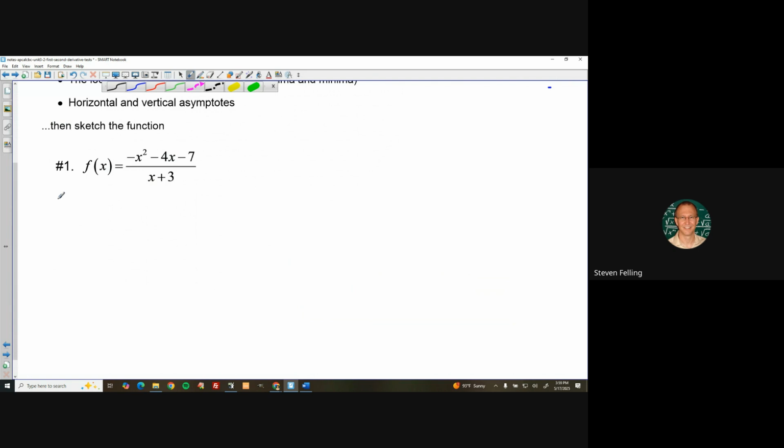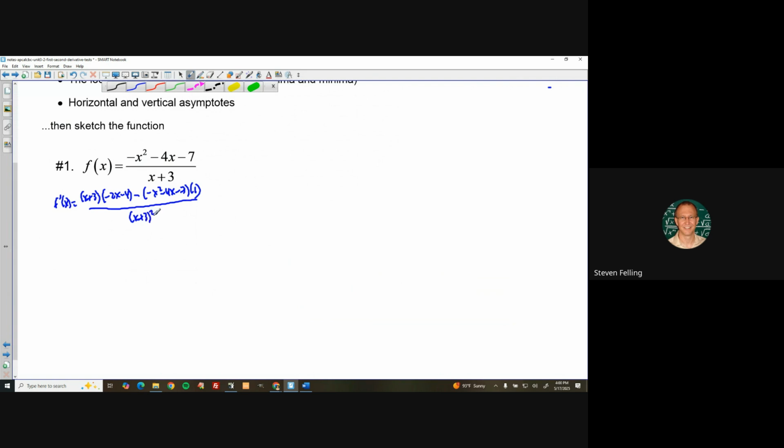So for the first derivative test, we'll start by taking the first derivative. This is a quotient, so we'll do quotient rule. So low, derivative of high, which is negative 2x minus 4, minus high, negative x squared minus 4x minus 7, derivative of low is 1, over low squared.